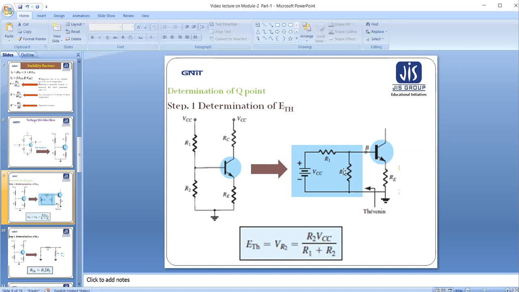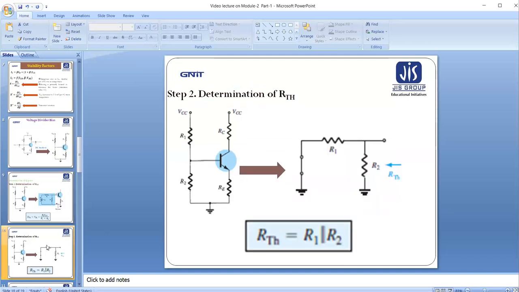So the VR2 is eventually the Thevenin voltage. So ETH, the Thevenin voltage, equals VR2, and due to the voltage divider theorem, we can deduce it equals VCC times R2 by R1 plus R2.